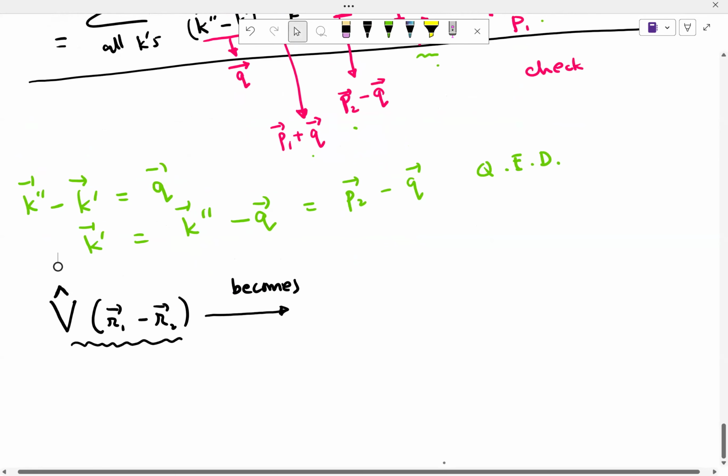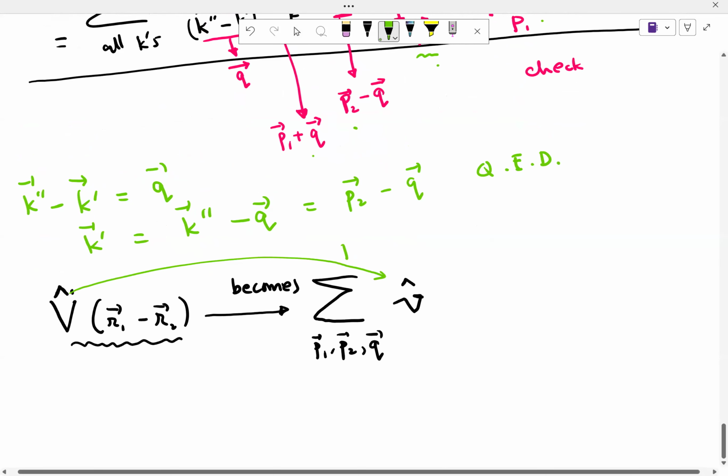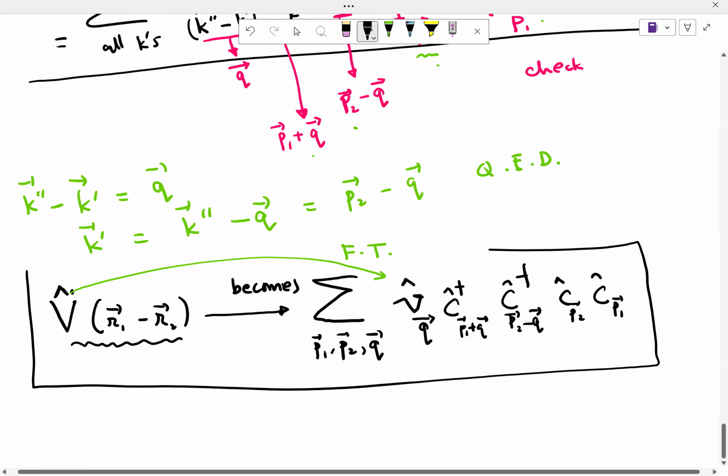So this becomes the sum over P1, P2, Q, of the Fourier transform of this function V. The Fourier transform is expressed in the K space or the momentum space, and this is evaluated at Q, followed by c P1, c P2, c P2 minus Q dagger, c P1 plus Q dagger. And this is a key result, key result.